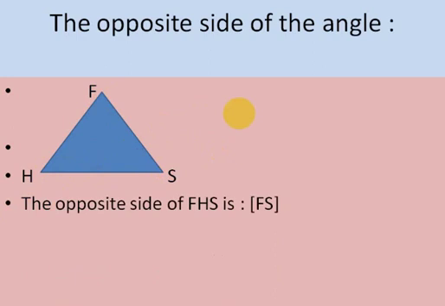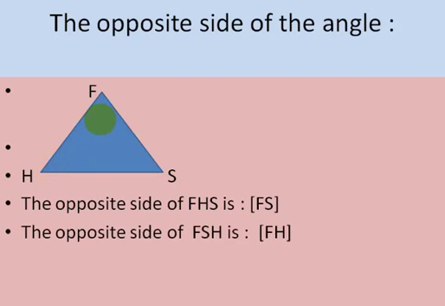Now, what's the opposite side of the angle FHS? This is the angle FHS. Which side is opposite to H? FS. The segment FS. Now let's find the opposite side of FSH.